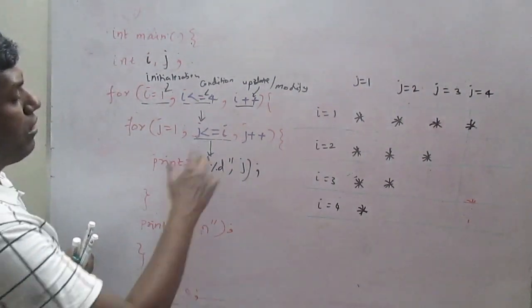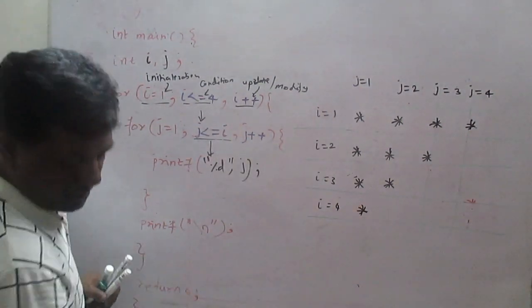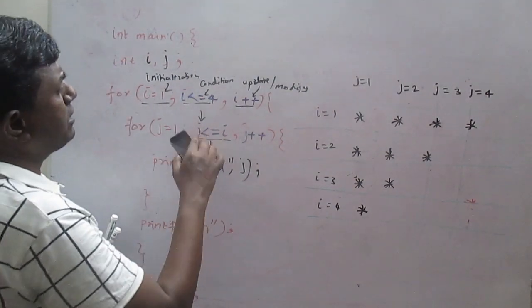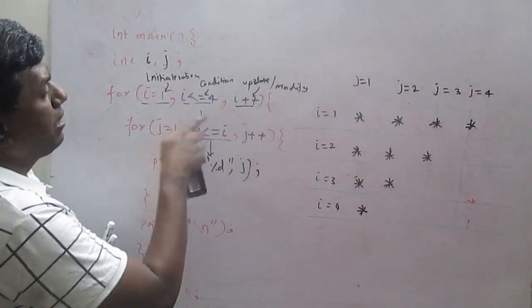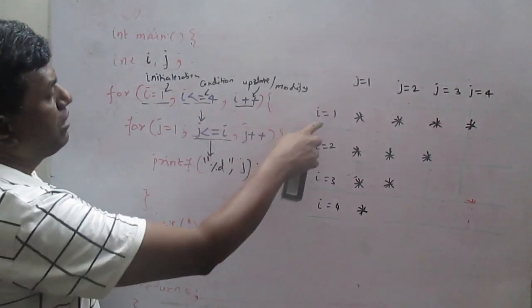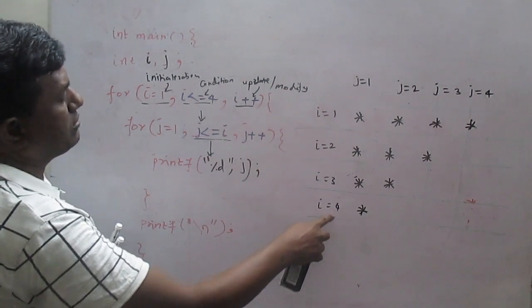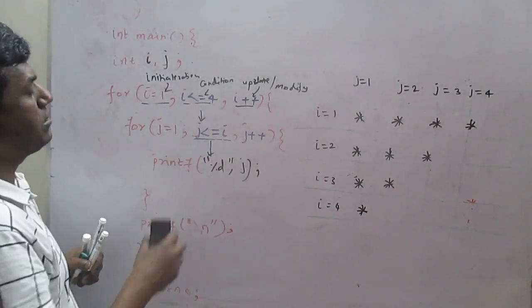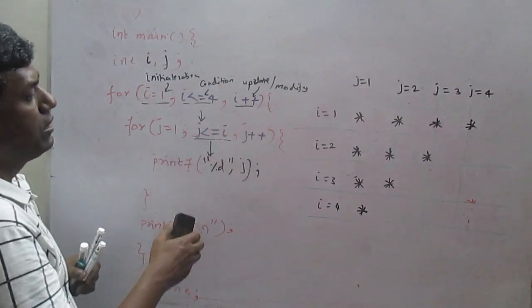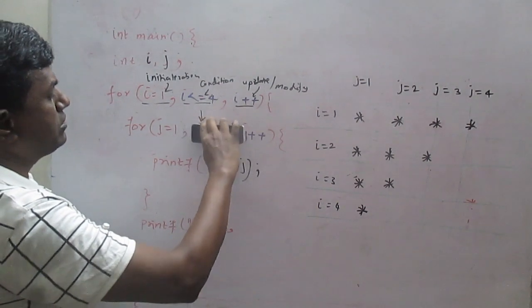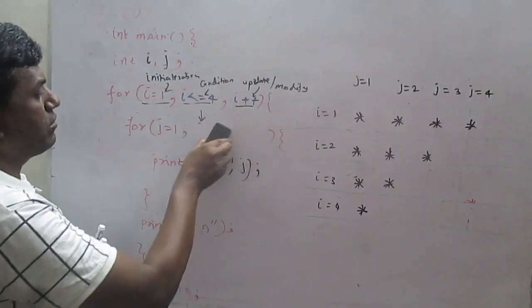To obtain this pattern, we just change the condition. i will be the same, because i is incremented every time, up to 4. Then what about j? Only j now plays the role.